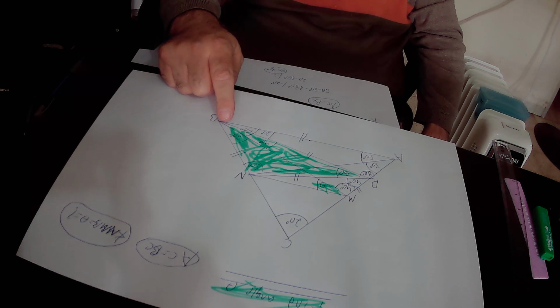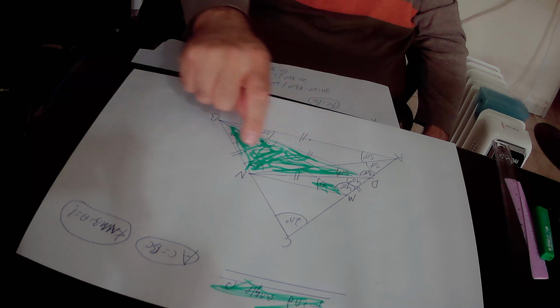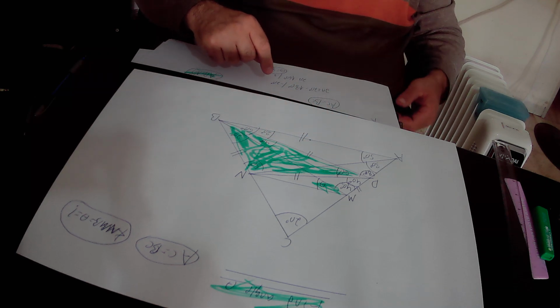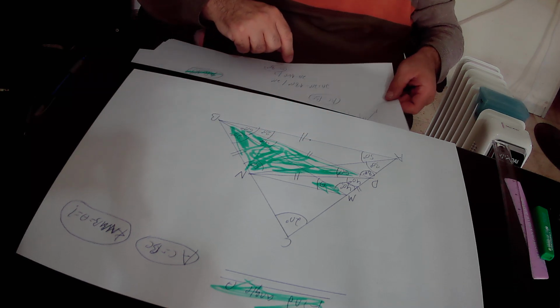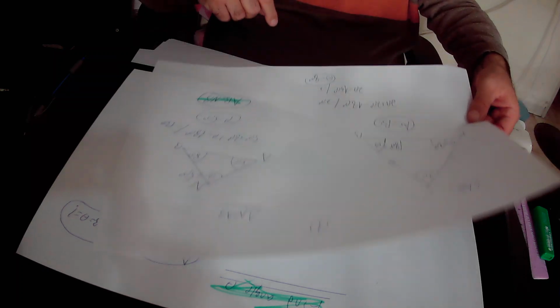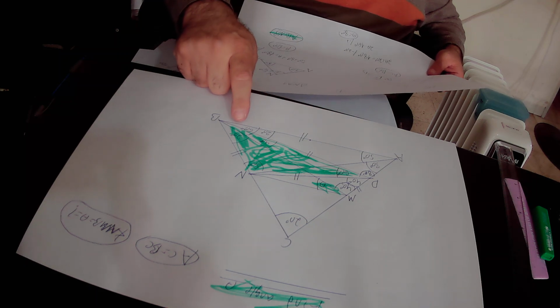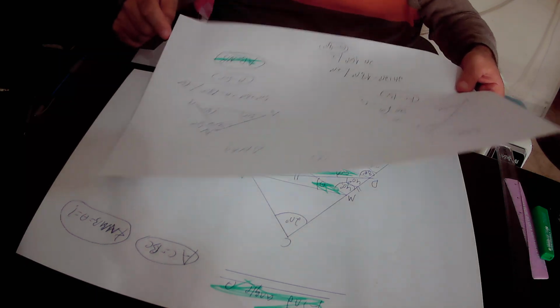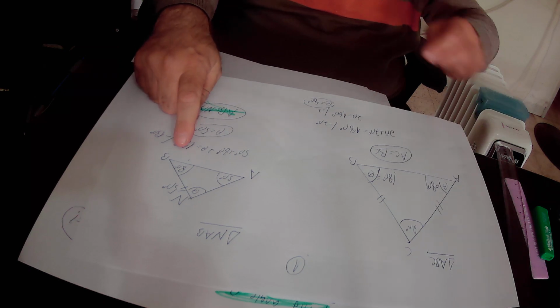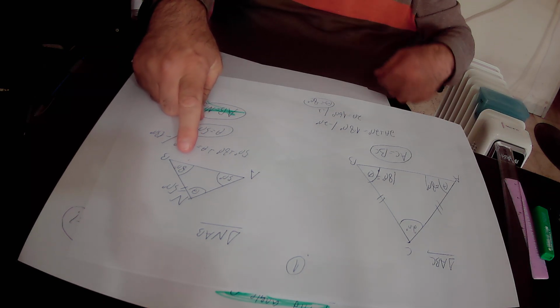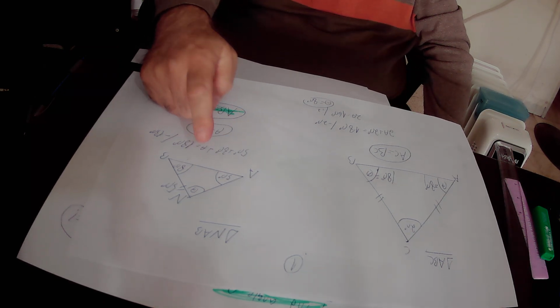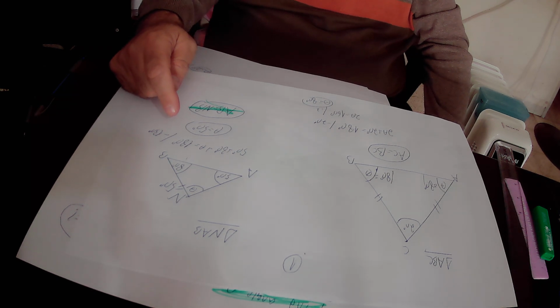Then we focus on triangle ABN. So I copy triangle ABN in a new page and analyze this triangle. Angle NAB equals 50 degrees, and this is angle theta that is equal to 80 degrees. So we define the missing angle as theta. In triangle ABN, the sum of the angles must be equal to 180 degrees.